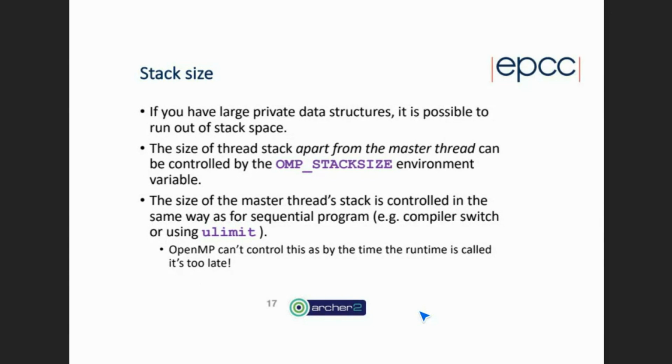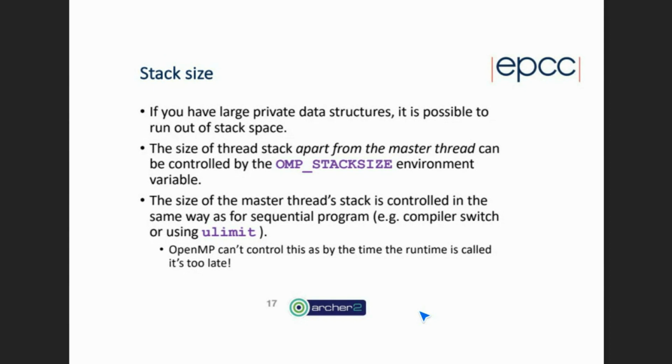The size of the thread stack, for every thread apart from the master thread, is controlled by an OpenMP environment variable called OMP_STACKSIZE. You can set that before you run the program, and that sets the stack size for everything apart from the master thread. But you still have to control the size of the master thread stack in the same way as you would for a sequential program.